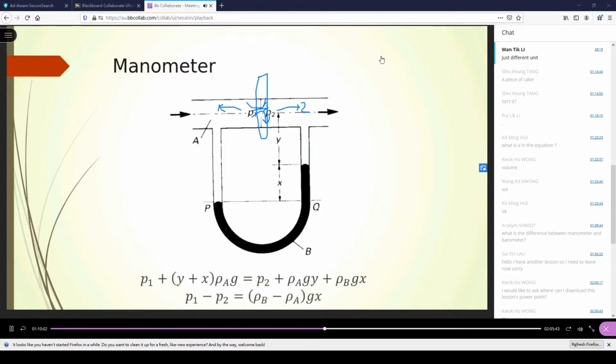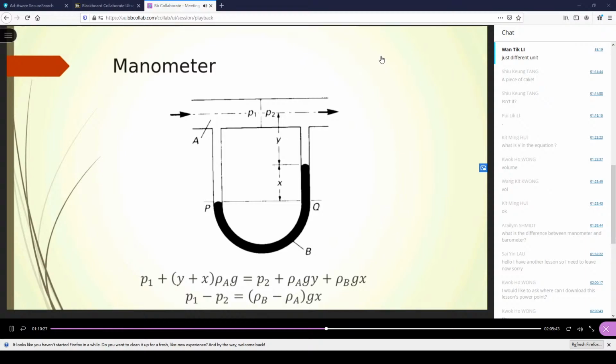There are other situations with high friction in the pipe, which you will experience in the experiment. In that case, the static pressure of the fluid drops along the pipeline.